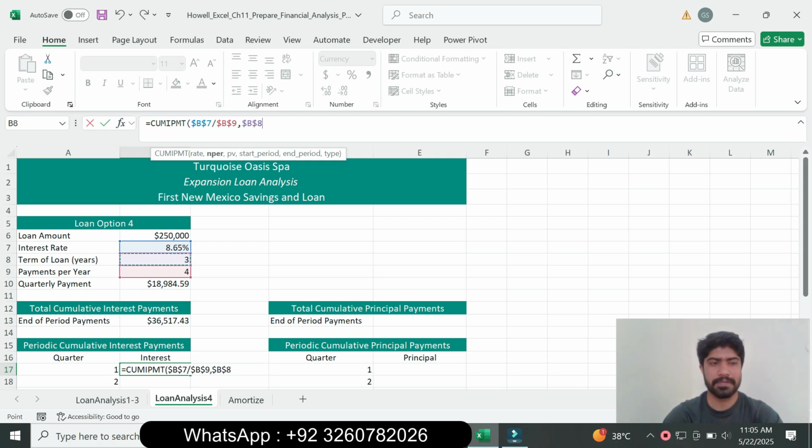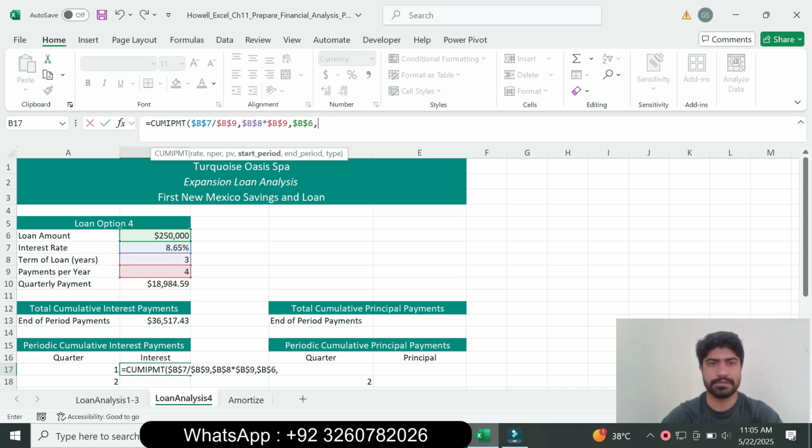Multiply by B9, the payments per year, and press F4 to apply the absolute cell reference. Type a comma, and next is B6, the loan amount, and press F4.